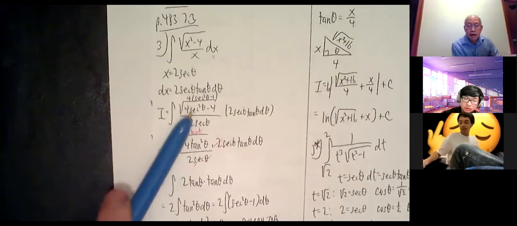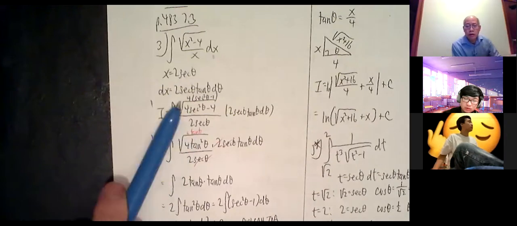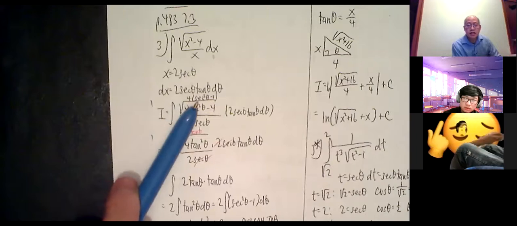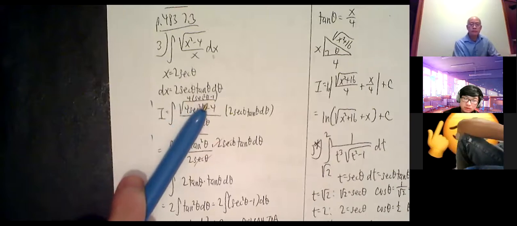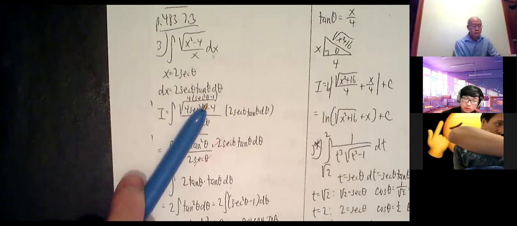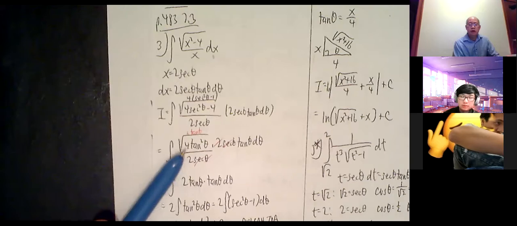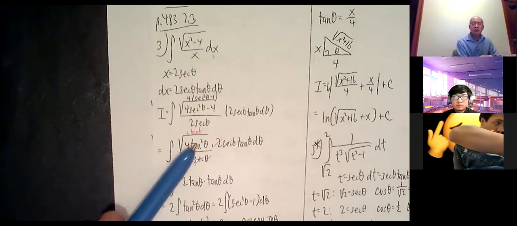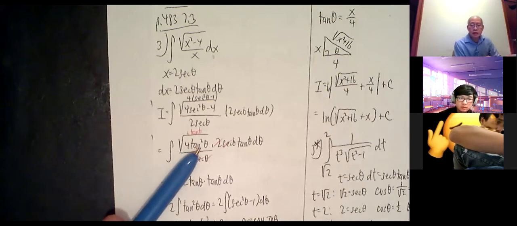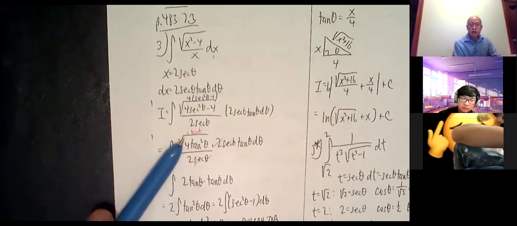And take a look. If you factor out a 4, you have 4 parentheses secant squared theta minus 1. What is secant squared theta minus 1? That is tangent squared theta. So we had an identity that says it's tangent squared. So underneath the square root, I have 4 tangent squared theta, whose square root is 2 tan theta.